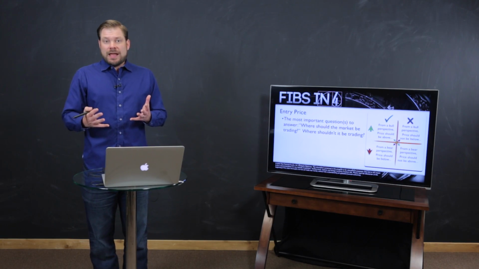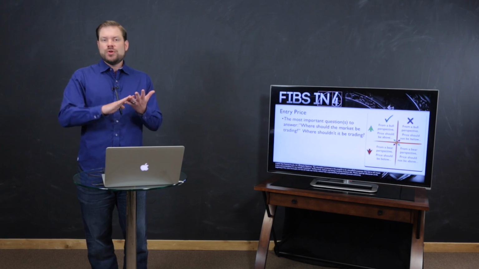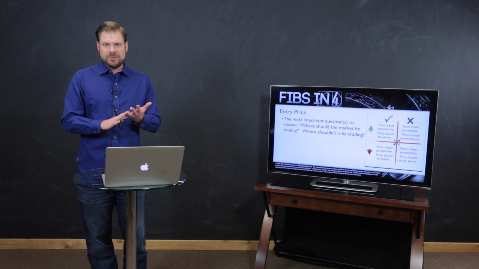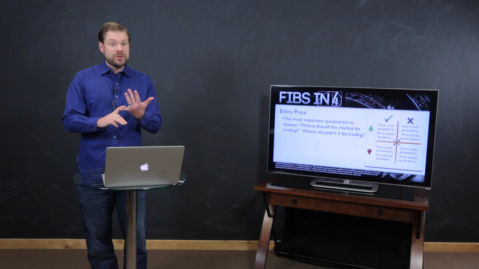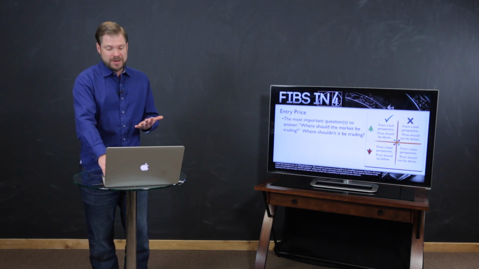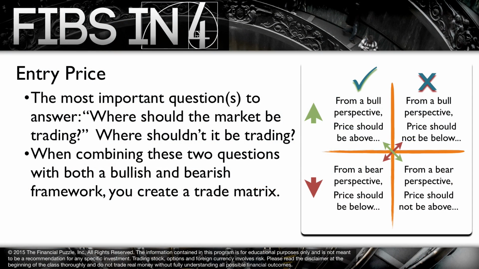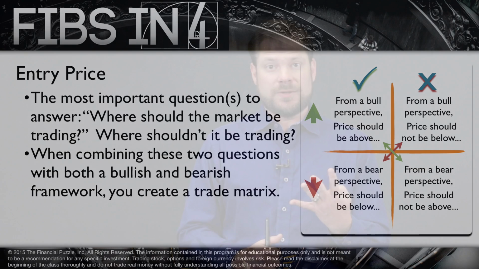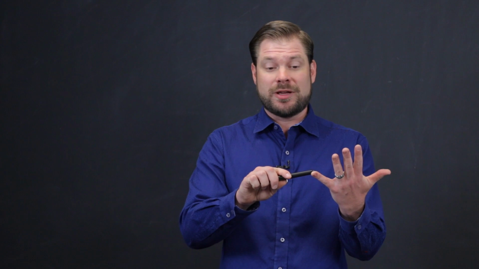Now, as you advance forward, there's two different perspectives that we can look at these two questions from, right? A bullish perspective and a bearish perspective. And so when we combine a bullish and a bearish perspective with the two questions, you actually get what I call the trade matrix, which is a set of four specific questions. Here they are, rapid fire. In a bullish market, where should the market be trading?